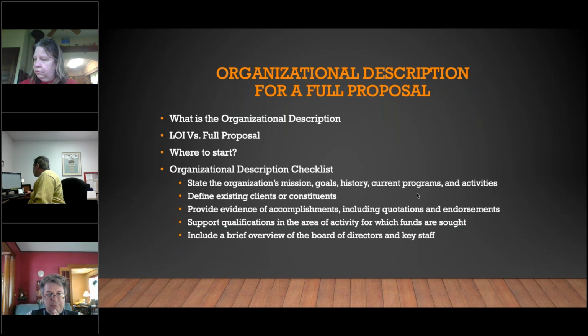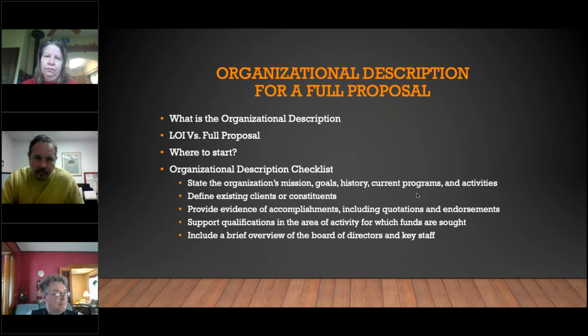You're going to develop two adaptations of the history. Both adaptations should refer to or quote from your organization's mission statement. The first should be very short, and you've probably already done that if you've submitted an LOI. The short version will be used for the letter of inquiry and will be quite short.